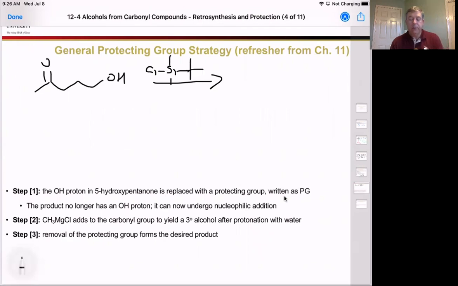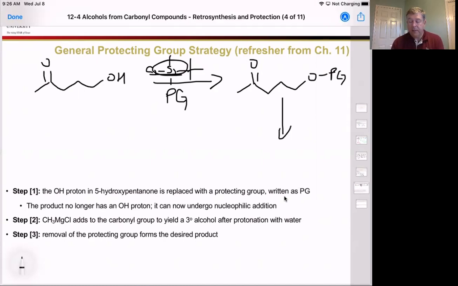We're going to use that t-butyl dimethylsilyl chloride, and then we typically use it in the presence of a base to get it to go. So we're just going to call this group right here our protecting group, and it's only going to react with that alcohol, turning it into an ether that's non-reactive to our species.